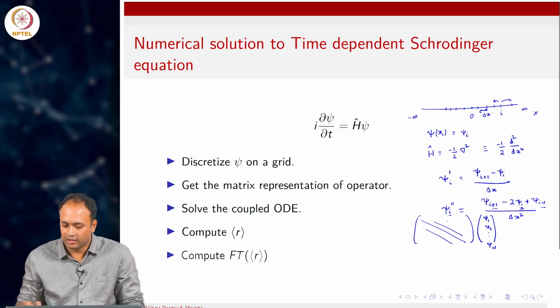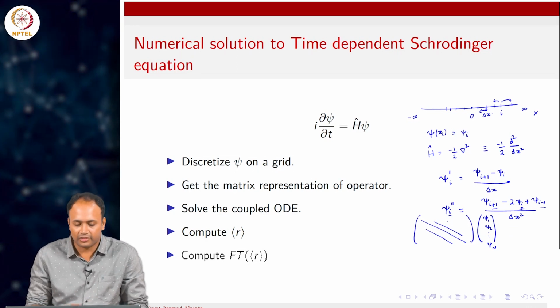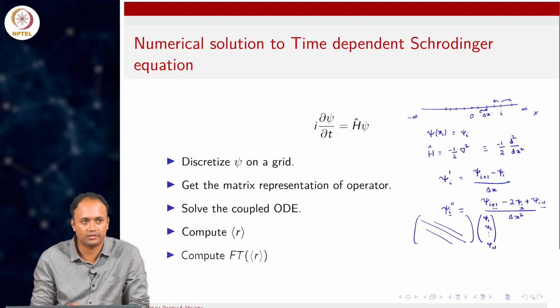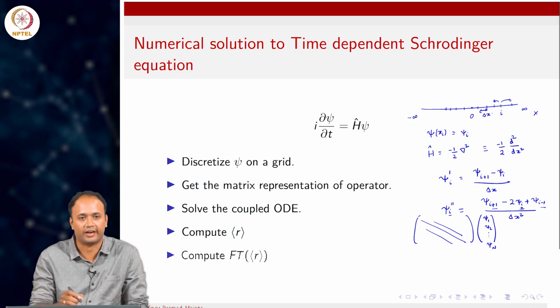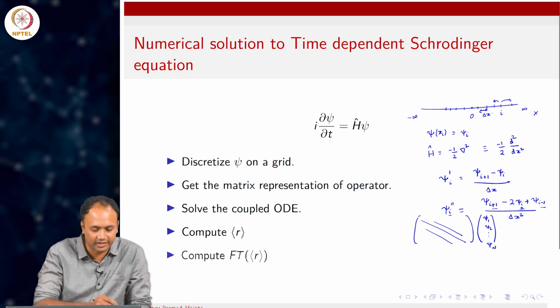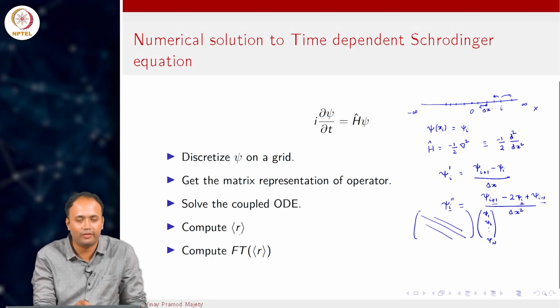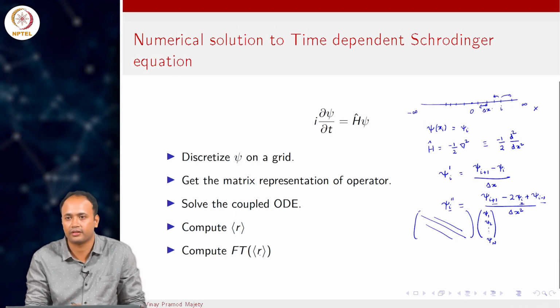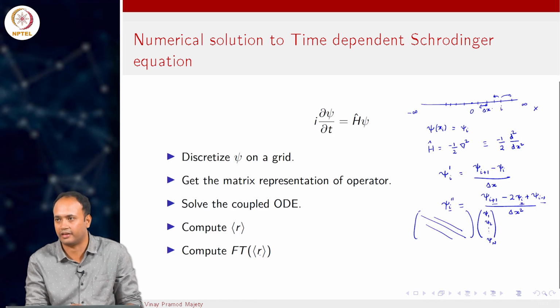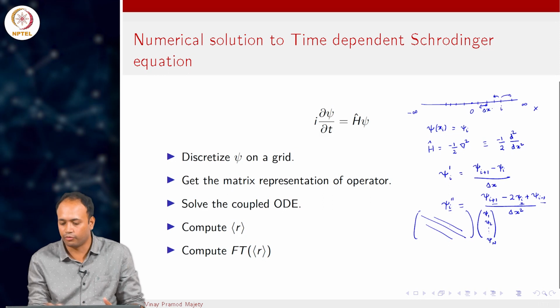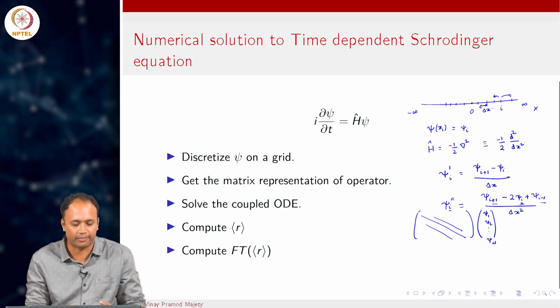Okay. So now you set up this matrix, so you have then a set of coupled ordinary differential equations, you solve that, you get psi of t, and once you get psi of t, you can then evaluate this expectation value and compute the Fourier transform of this expectation value. So these are the steps, right. You discretize on a grid, you find such a matrix representation of the operator.